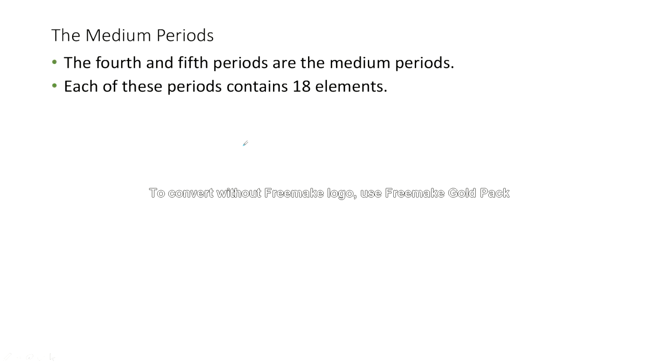Okay, so let's go back to the periods. The medium periods are the 4th period and the 5th period. Each of those periods contains 18 elements.